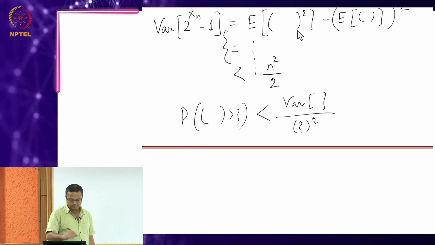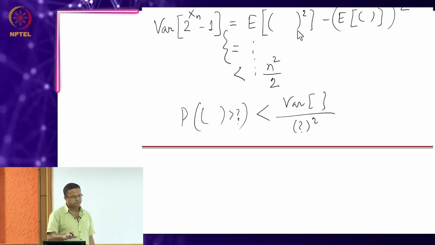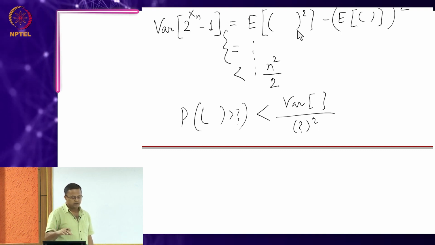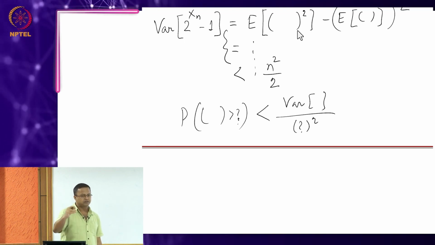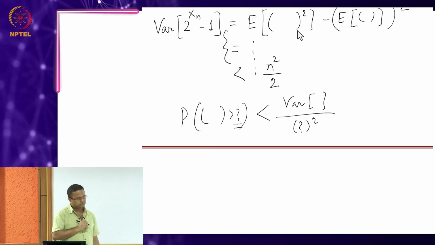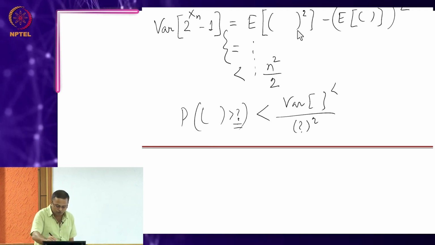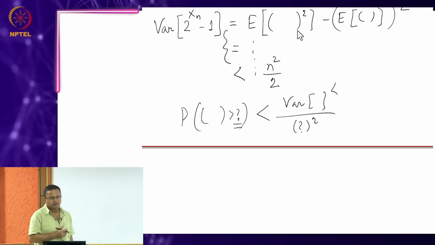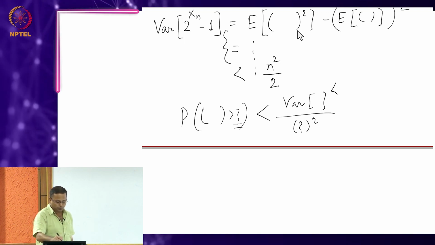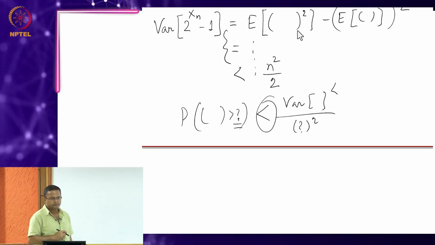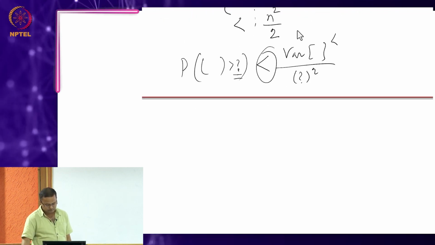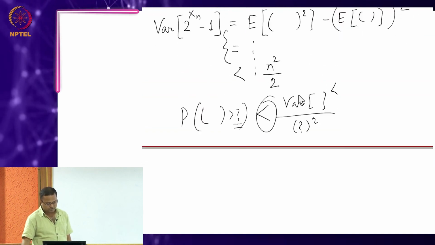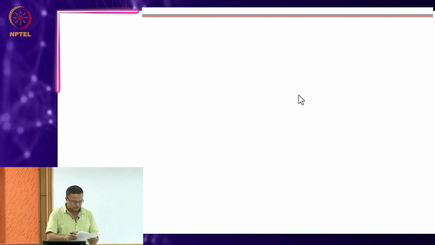That was the form of Chebyshev, something minus something greater than epsilon was upper bounded by variance by this error. So, I have not been able to estimate the variance exactly, but an upper bound also works, because the inequality is in this direction. I have already got a variance upper bound on the estimator, it is n square by 2. So, what does Chebyshev give me?